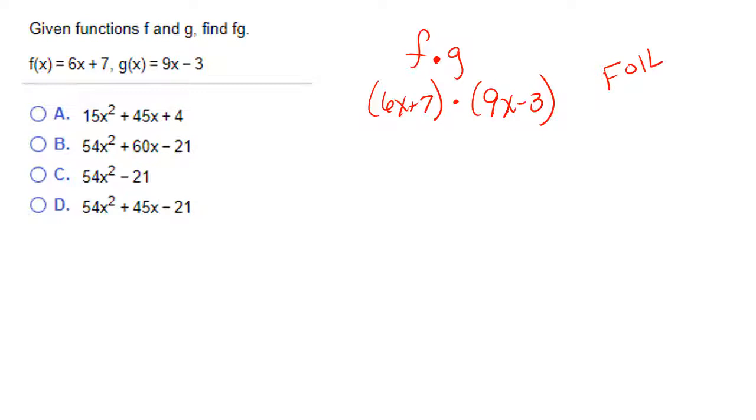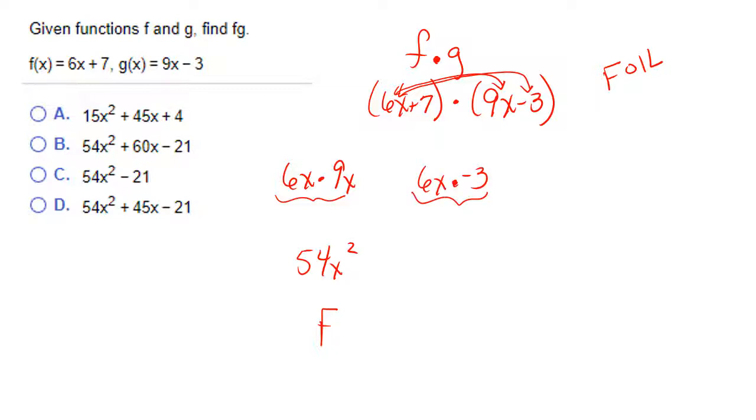FOIL stands for first terms, outer terms, inner terms, and last terms. So I multiply the first term, 6x, times the first term, 9x. 6x times 9x would be 54x squared. That's my first term. Then I multiply the outer term, 6x times the negative 3.